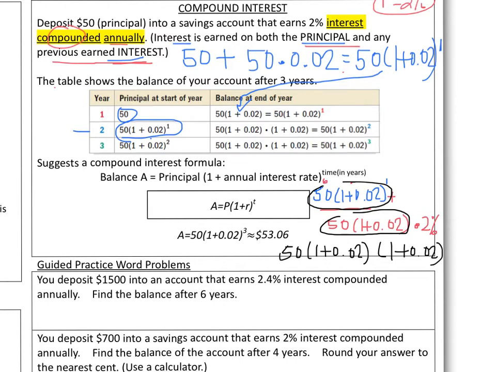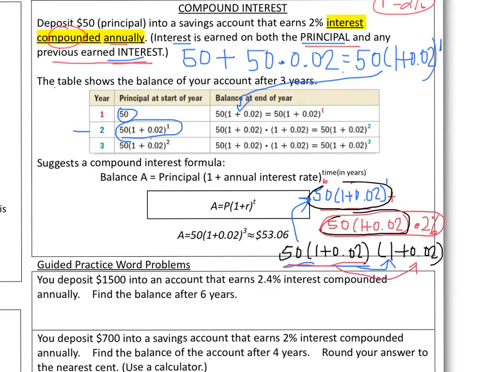So this is like the opposite of the distributive property. 50 times 1 plus 0.02 multiplied to 1 gives you this part. And if we take this part again and multiply it to 2%, we would get this part.